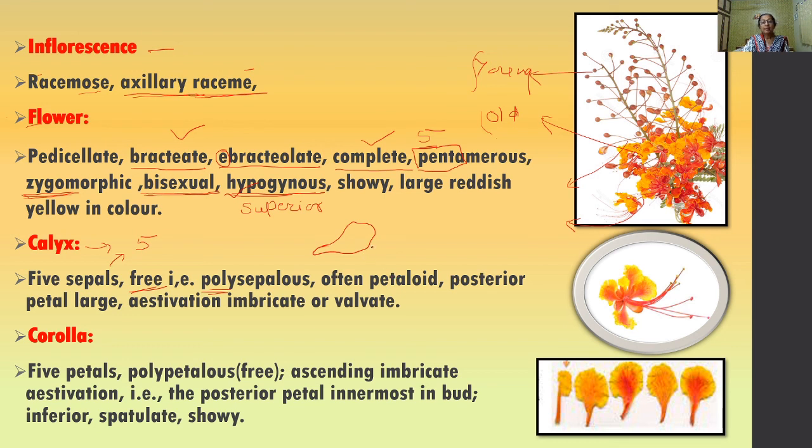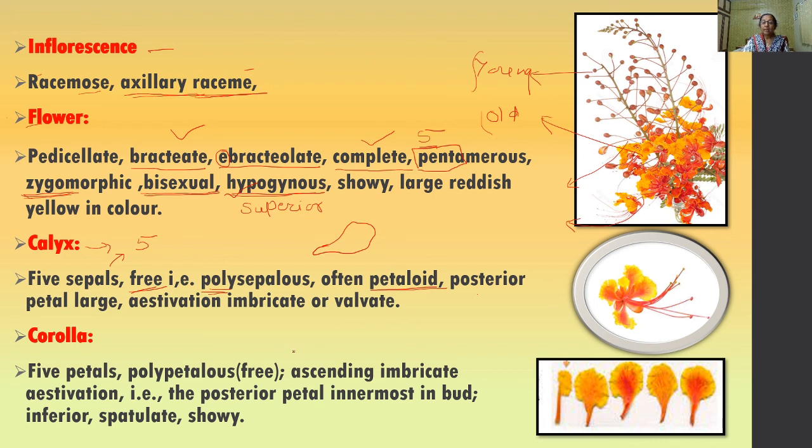It is like that of the petals, that is reddish yellow in color. The posterior petal is large in size, and its estivation is imbricate. Sometimes you may also observe it as valvate. The imbricate type of estivation is present in the calyx whorl.